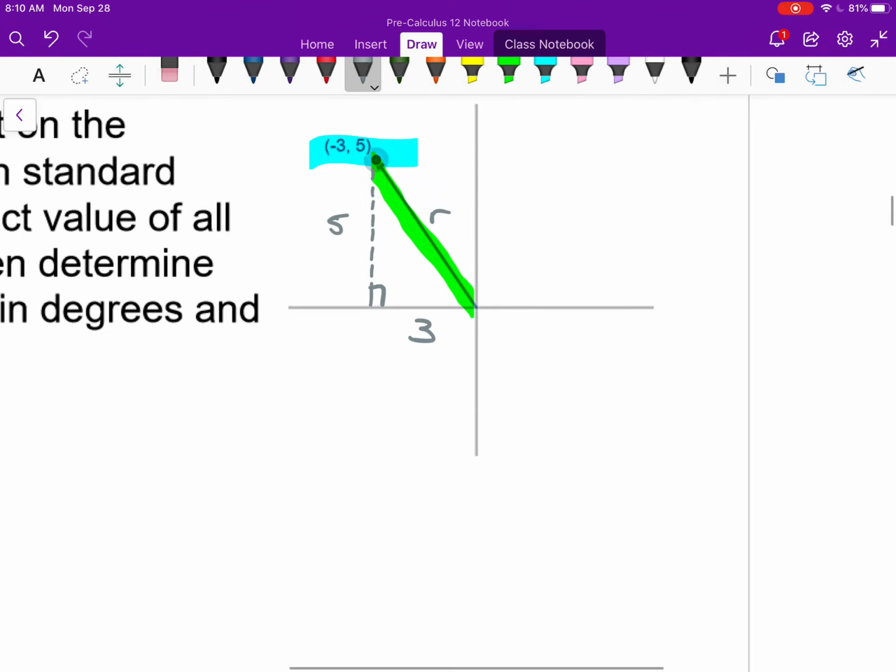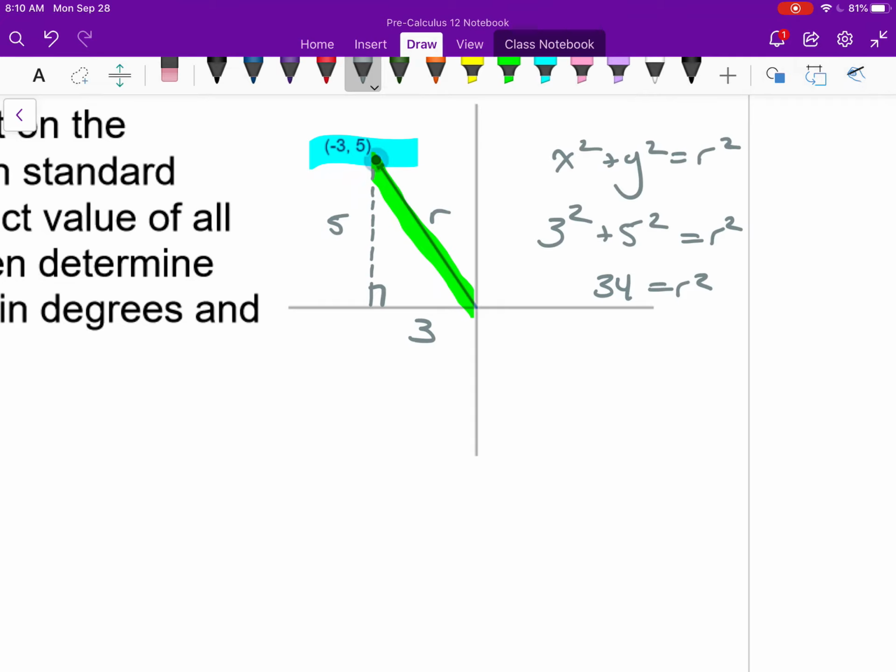Or I can go straight to this. I can say x squared plus y squared equals r squared, which is also the equation of a circle of radius r, which is the Pythagorean theorem. So in this case, I get 3 squared plus 5 squared equals r squared. And so 34 equals r squared, or r equals root 34.